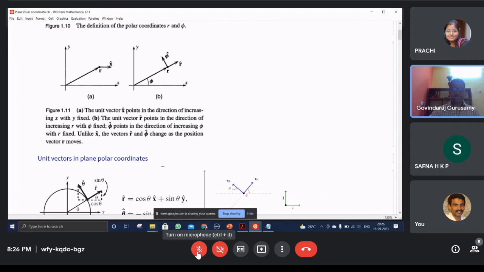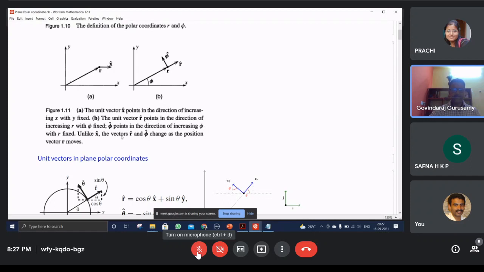So you don't see any change in the x cap and the y cap. That's an important point. Whereas for the position vector here, phi cap points in the direction of increasing phi. This is increasing phi. For example, somewhere about 30-40 degree, it goes to 90. It is the increasing direction, increasing phi with r fixed.